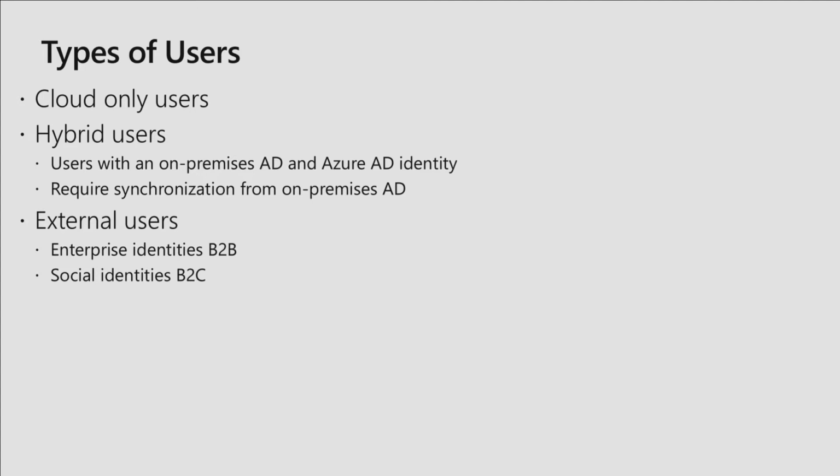Now, with those, and also if we're bringing in social identity, we're going down the B2C route, all of that is done in the other identity provider. So we're not going to be in charge of their password at all. So we can eliminate external users, right? Because we don't have any control of their password changes. They have to be done by the other entity.